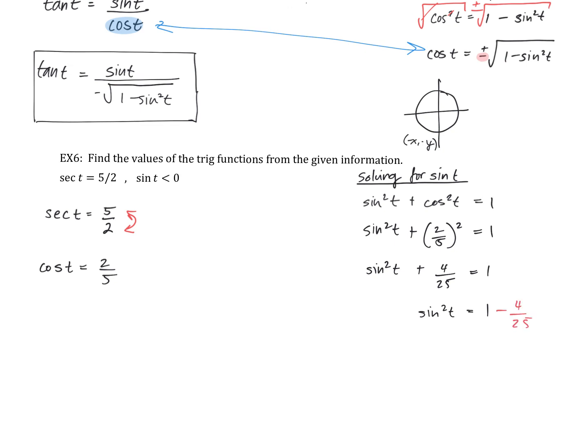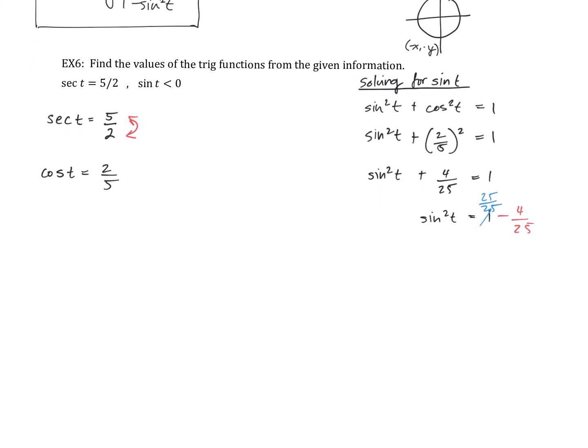Okay, to do the subtraction, we need to create the same denominator. So 1 will become 25 over 25. Once again, if you need a refresher on fractions, just let me know. Then we have sine squared t equals 25 minus 4, so it'll be 21 over 25.